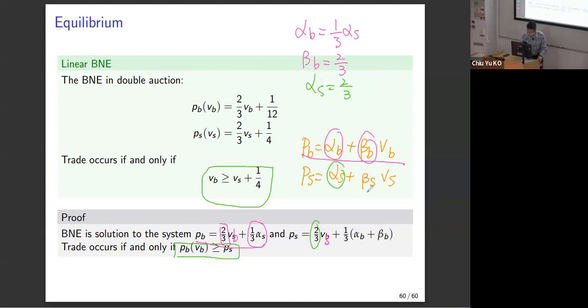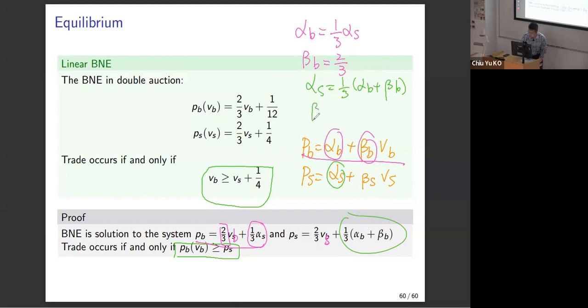And then you look at, sorry, alpha S. As I said, I don't drink enough coffee, so alpha S is this guy, right? Sorry for the mistake. Alpha S is 1/3 alpha B plus beta B, right?